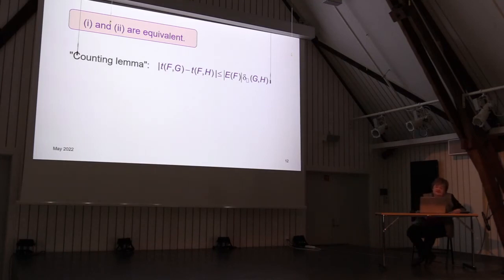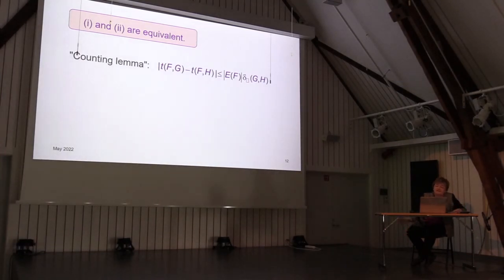So again, this rectangle is a square. What does T mean? T is the density. So if F and G, okay.